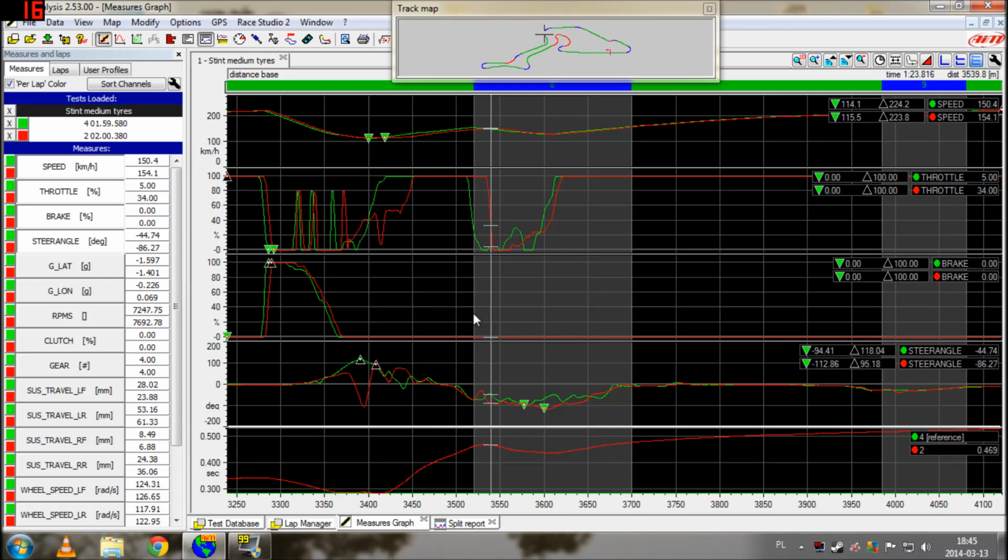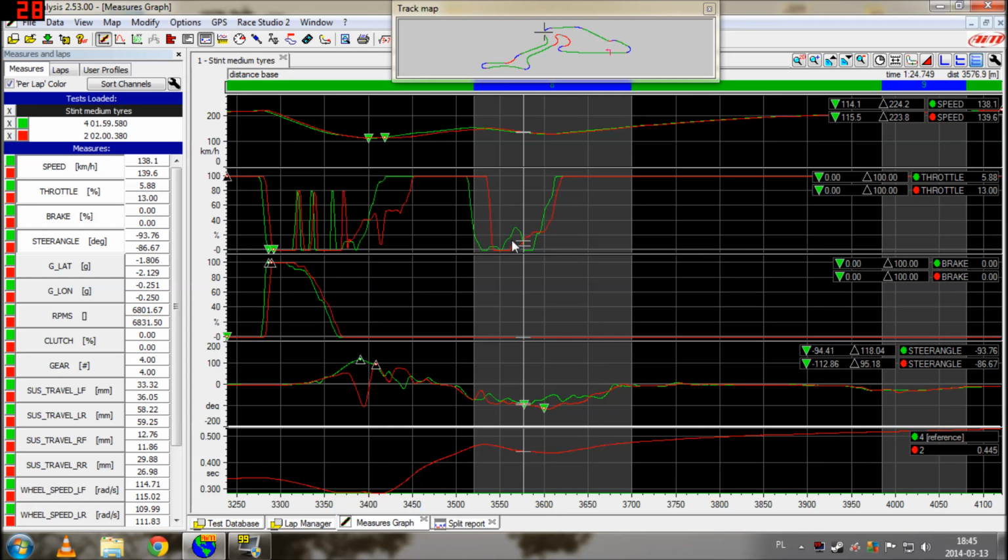Okay, now we are approaching a very important corner where we don't brake at all. We only slow the car by raising the throttle, and look what happens. Where's the throttle here? I release the throttle earlier on the green lap, that's why the gap goes slightly down.